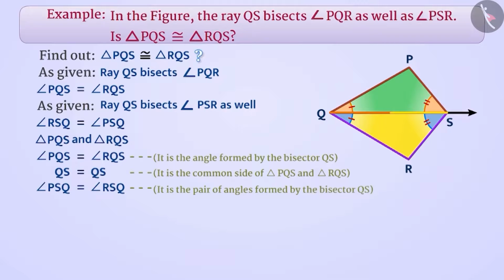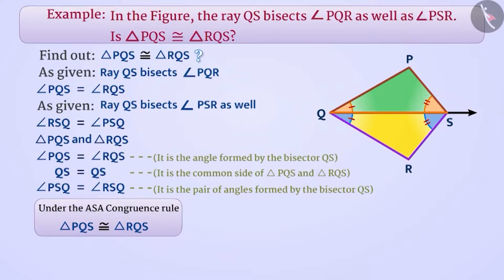Since two angles, angle PQS and angle PSQ, and the included side QS of triangle PQS are equal to the corresponding angles angle RQS and angle RSQ, and the included side QS of the second triangle, triangle RQS, therefore, under the ASA congruence criterion, both these triangles are congruent.